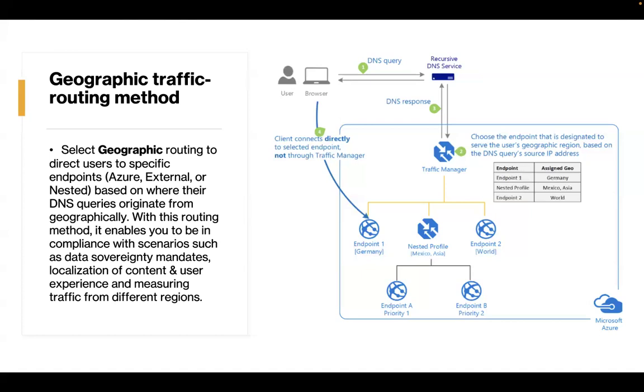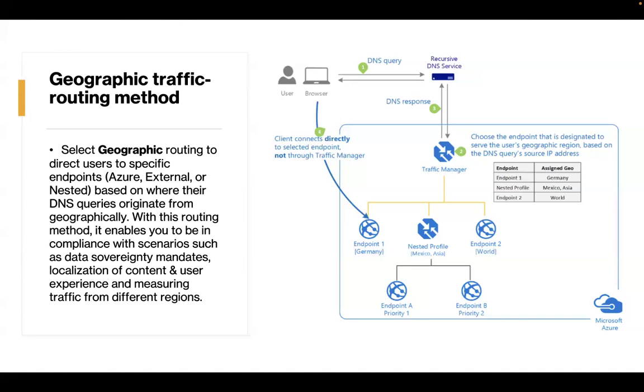Some content, like government related websites or something like that, they want to restrict to that region only. In that scenario, we can use this traffic routing method. So there are data sovereignty mandates, and localization of content and user experience. Like for example, we'll take Amazon.com.